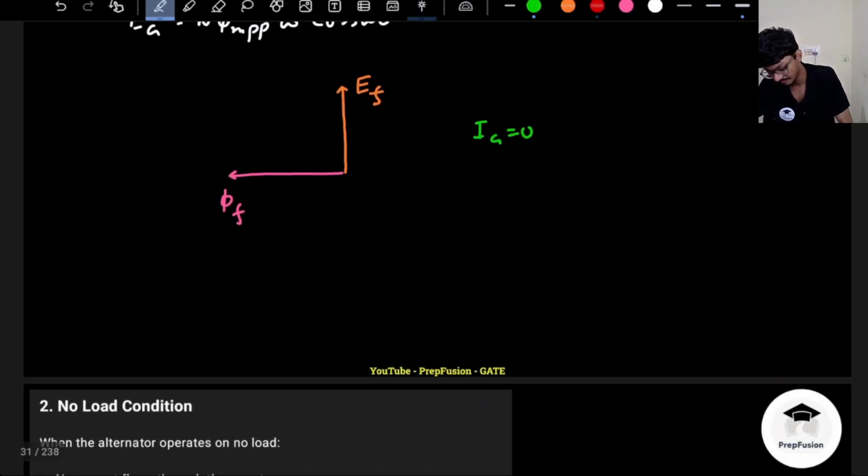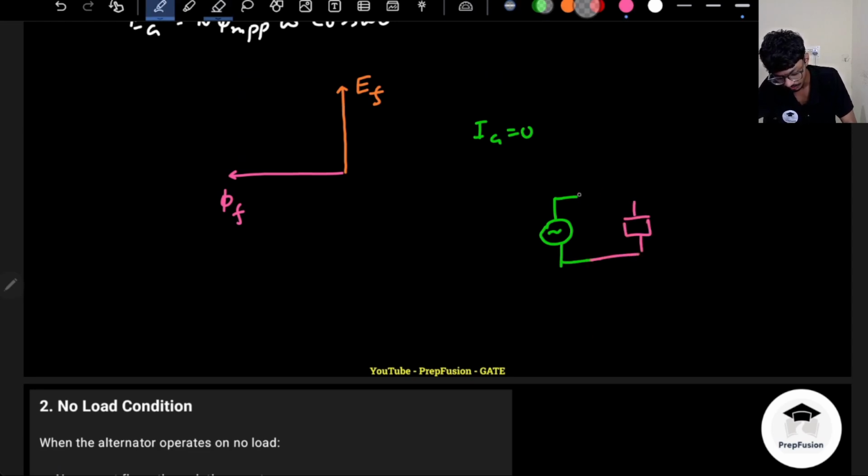So here I will have a generator. Let's assume this is the generator, the stator windings. I'm just drawing the per phase equivalent. Now I will have a load connected over here. Depending on the power factor of the load, it will decide this is the armature current, and this is the induced EMF Ef.